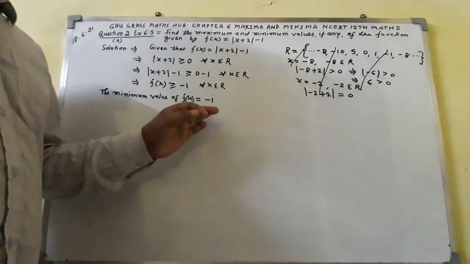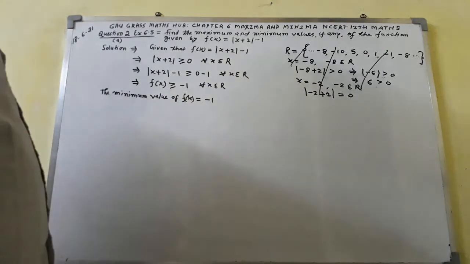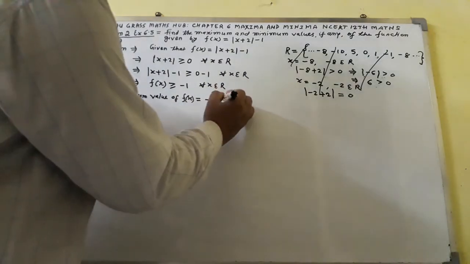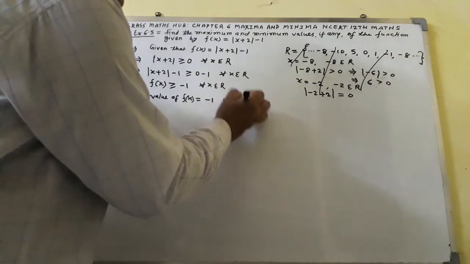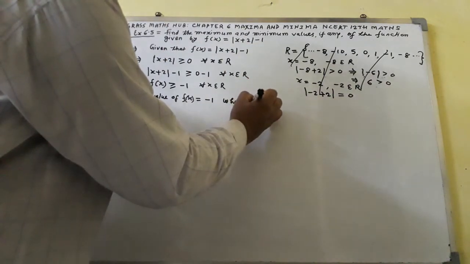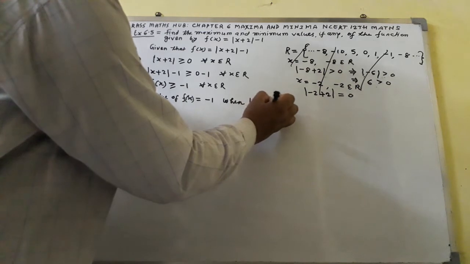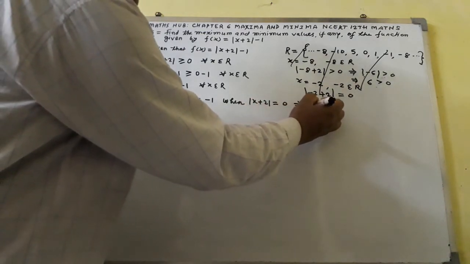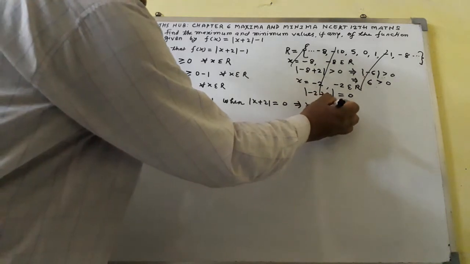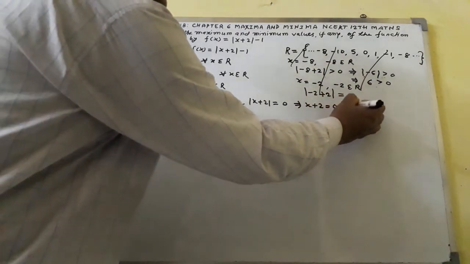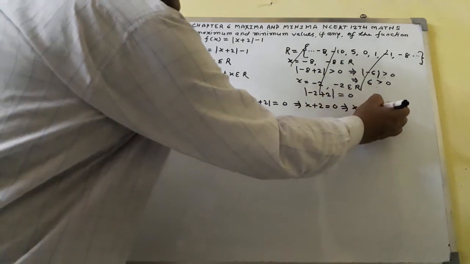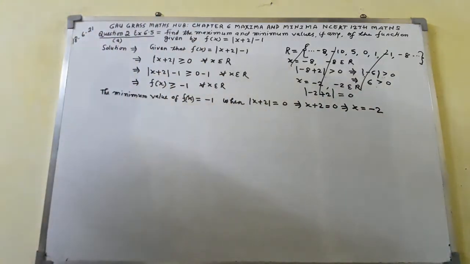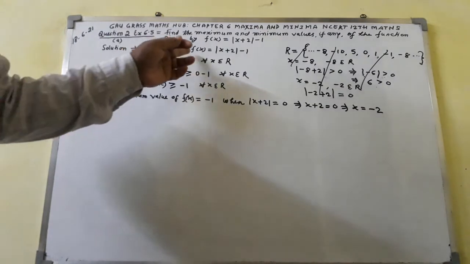The minimum value of f of x equal to minus 1 when mod x plus 2 equals 0, so here it implies that x plus 2 equals 0, which implies that x equals minus 2 we have got. The value of x equal to minus 2 I shall put in this function.